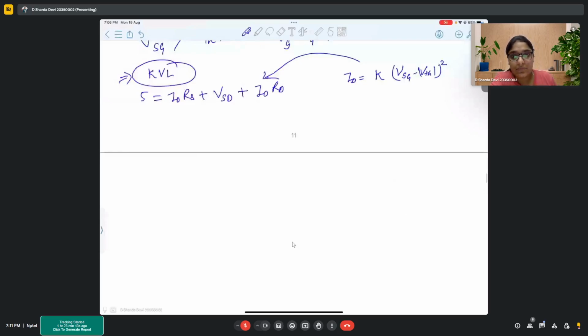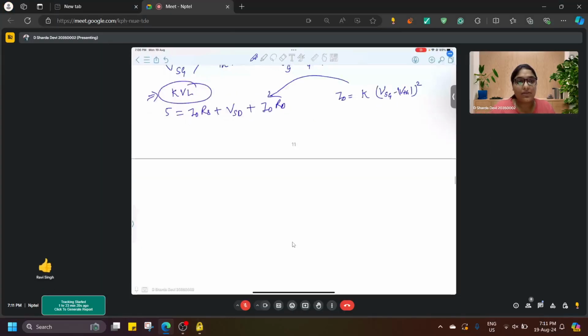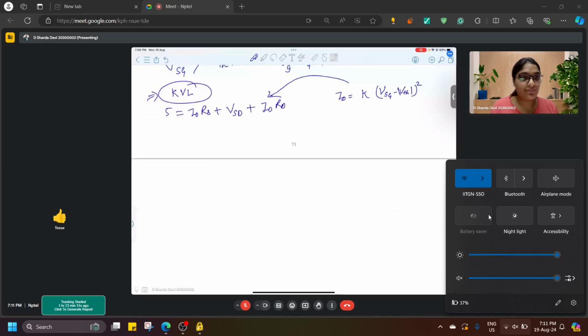ground. Am I audible, everyone? Yes, yes, Is my screen visible to you all? Like the yes, small signal model that I'm drawing? yes. Okay. So my screen is stuck here.